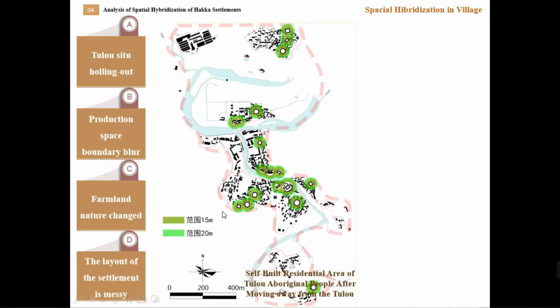Of course, Tulou are continuously hollowing out. And also, in this hollowing out, people are not only moving to the city, but moving outside the Tulou. Not simply because the building is out of population, but also because the living facilities in Tulou are not suitable for modern needs.